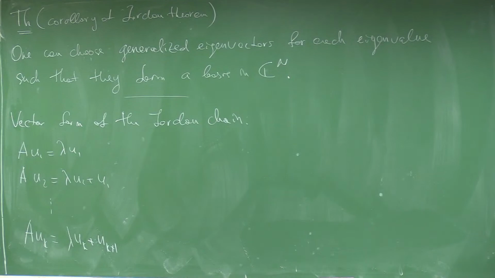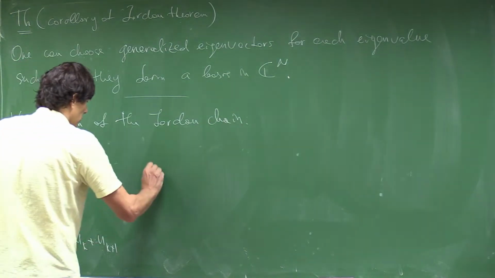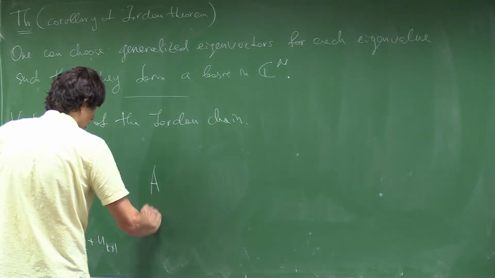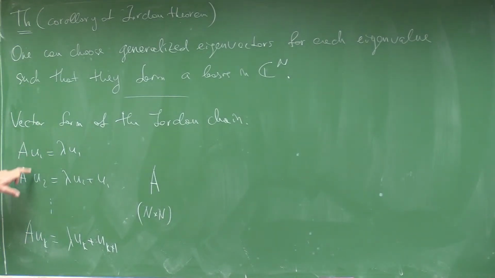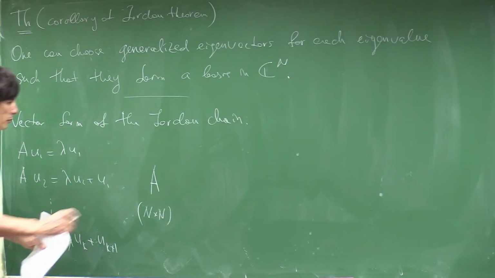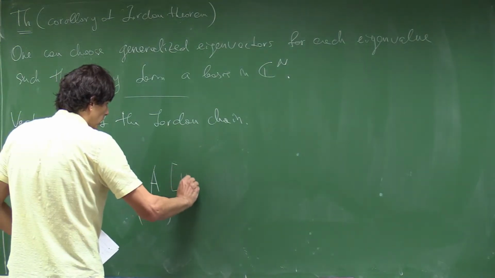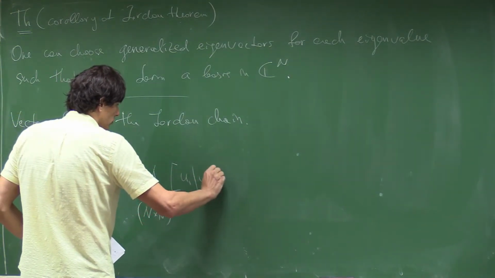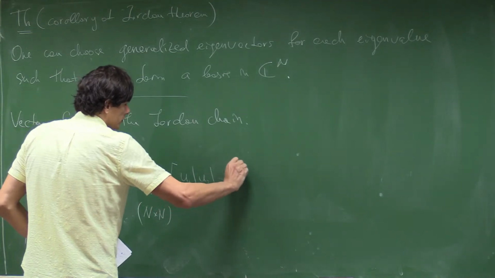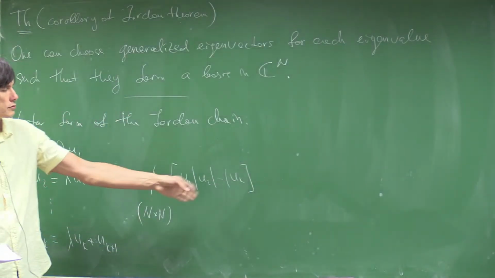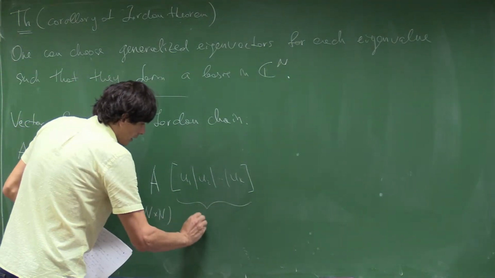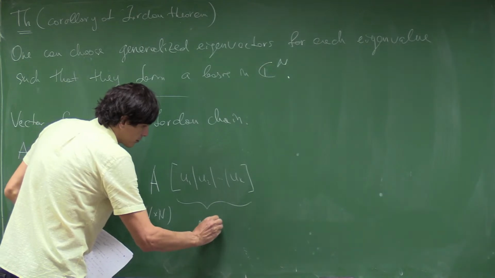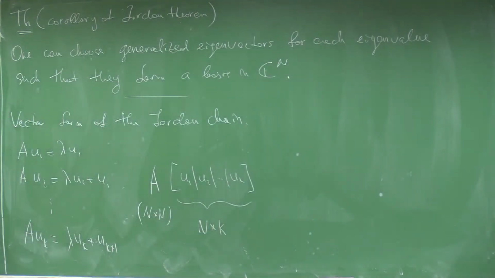Now on the left you have matrix A, which is n by n. Then it's multiplied by different vectors, and we put them one after another: u1, u2, until uk. Let's put them as columns of the new matrix. This will be n, the size of the vector, by k, the number of vectors.